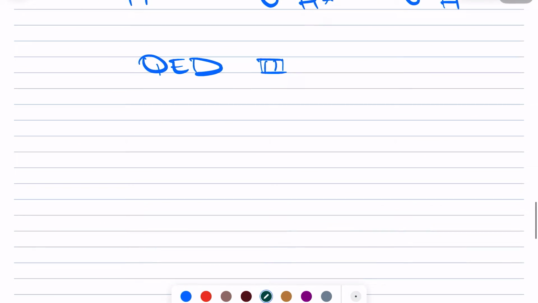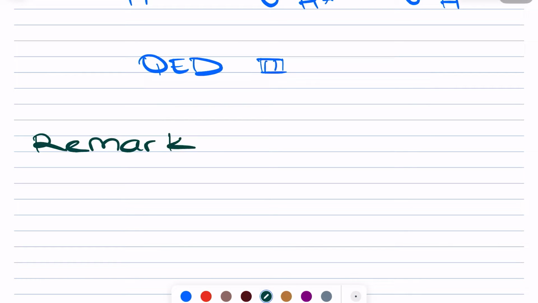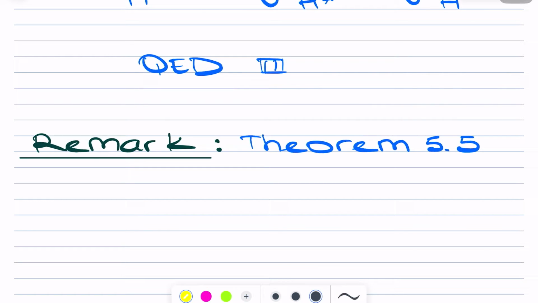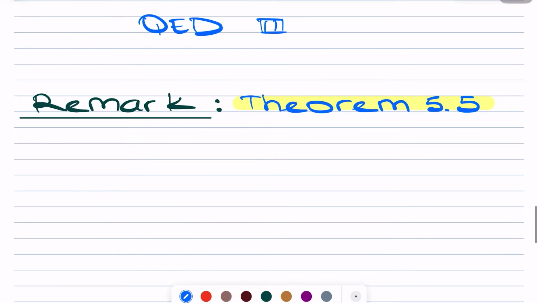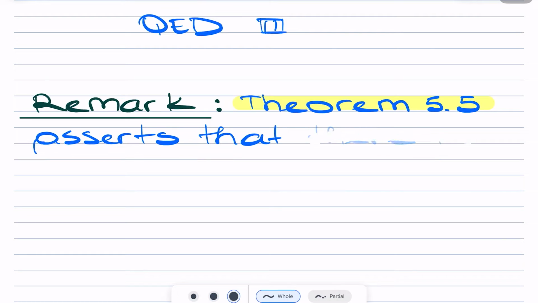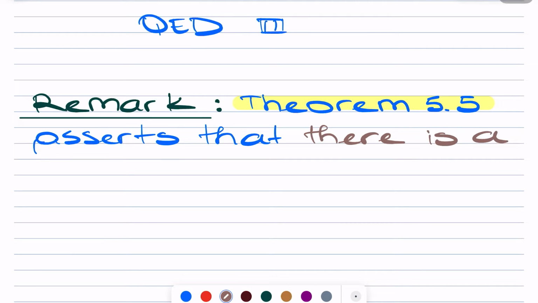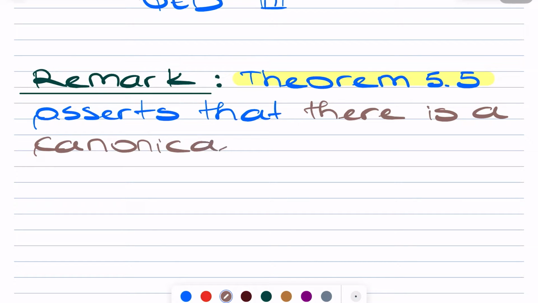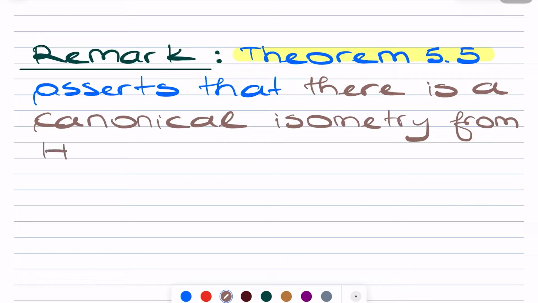Okay, so let's have a couple of remarks. Remark: the above theorem, the Riesz-Fréchet Representation Theorem, let me just highlight this, asserts that there is a canonical isometry from H onto H star.